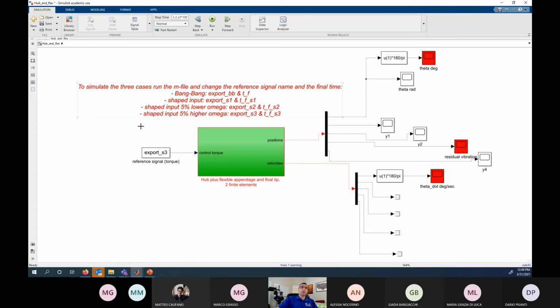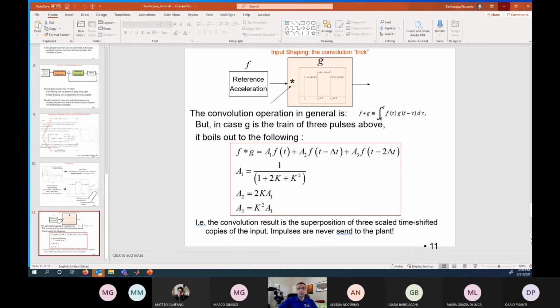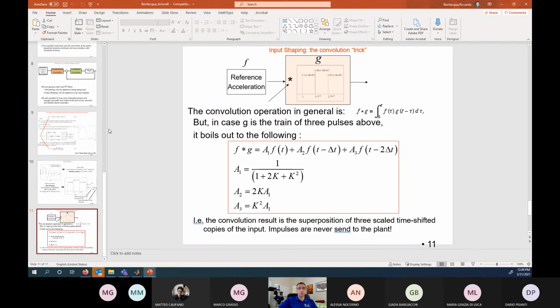So, but this is in a very short amount of time and in a very simplified model, the effect of flexibility on a system that has to change attitude, that has to change orientation.